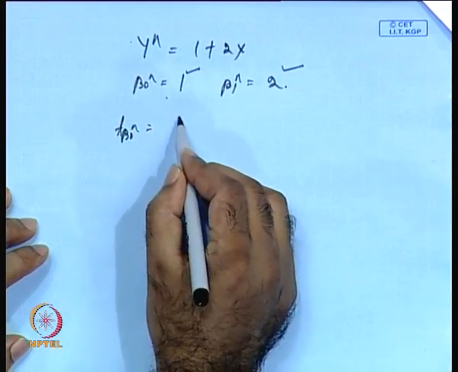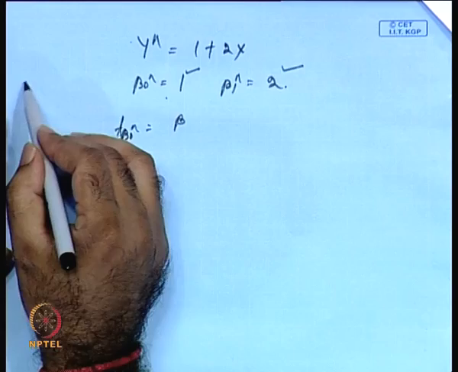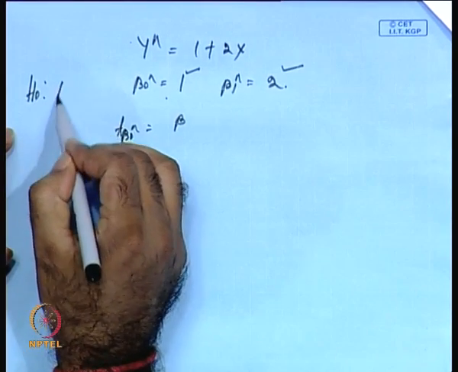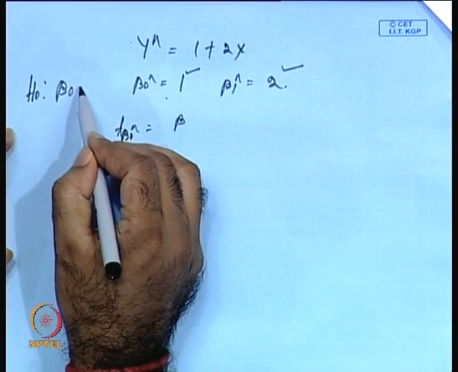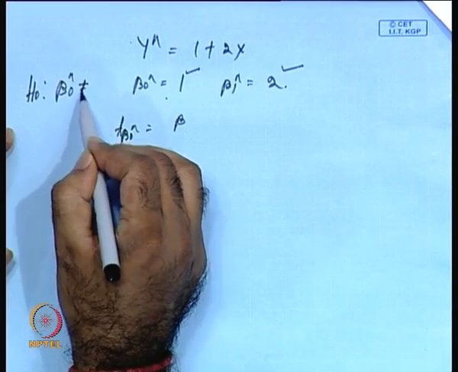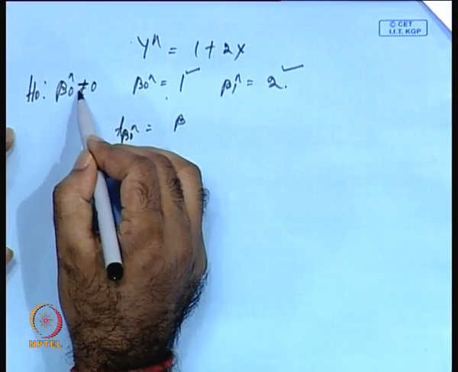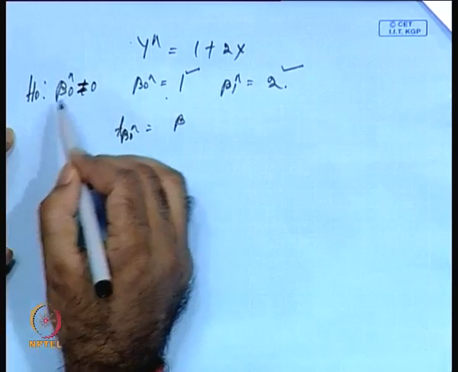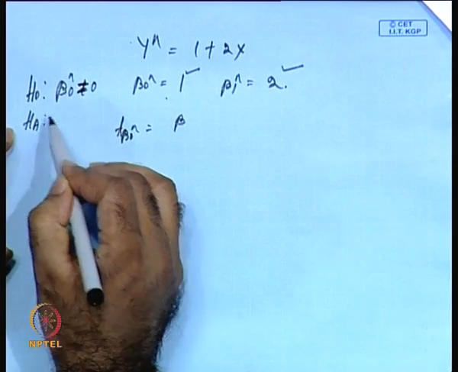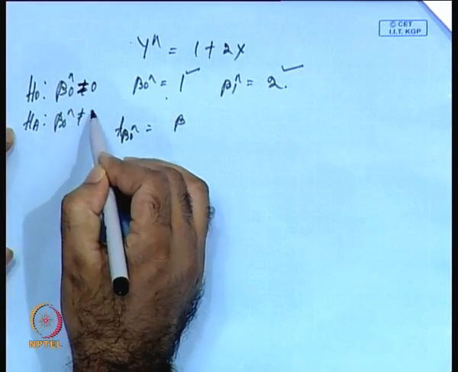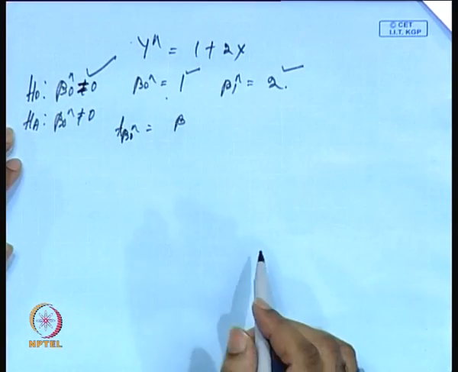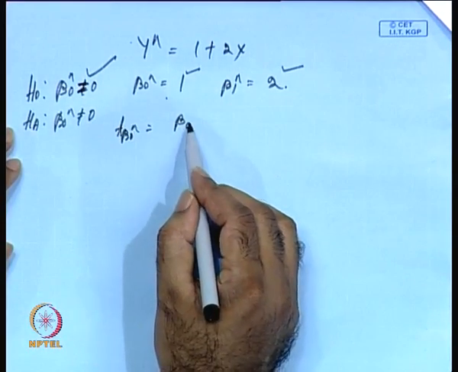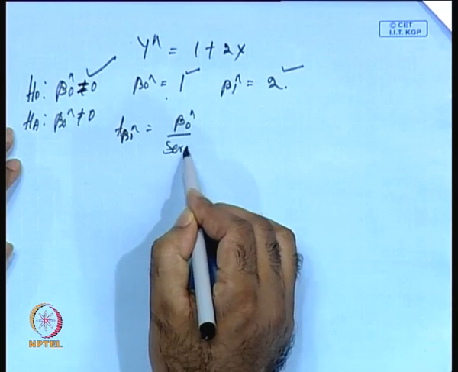Accordingly we have to set the null hypothesis such that beta 0 equals 0, against the alternative hypothesis beta 0 not equal to 0. So t equals beta 0 head divided by the standard error of beta 0 head.